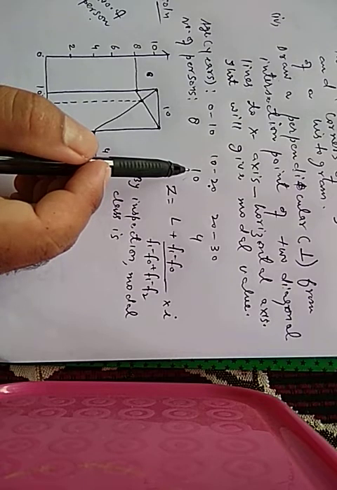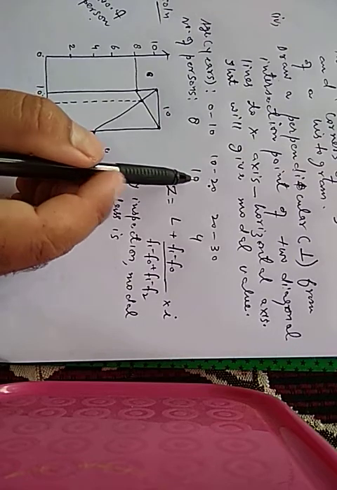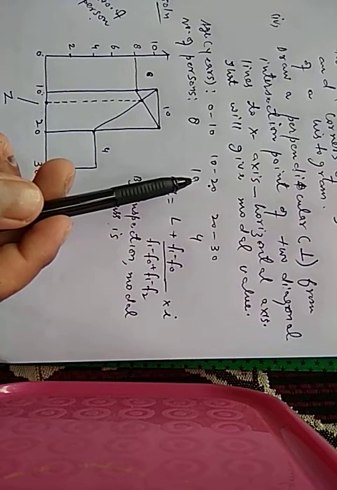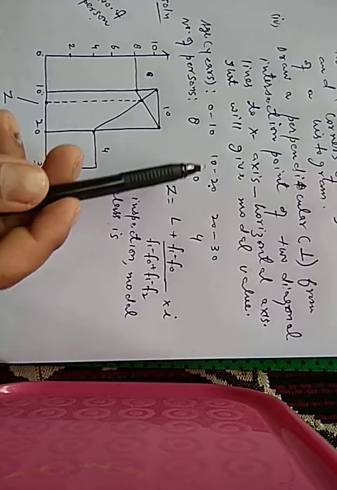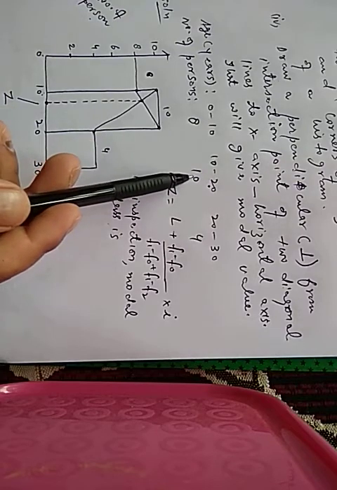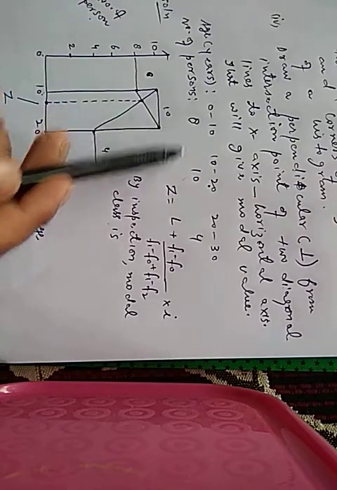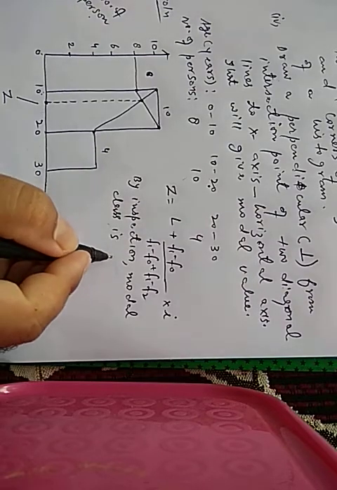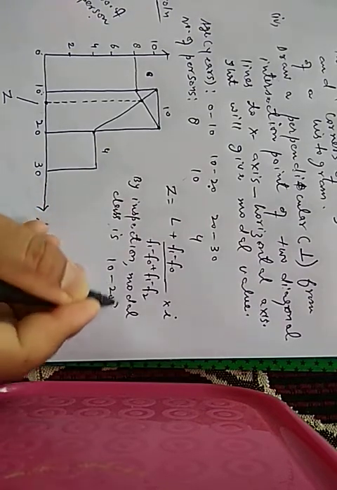That value of the variable is the modal value, or value of mode, which is having the highest frequency. By inspection, we have found that the modal class is 10 to 20 because it is having the highest frequency among these given frequencies.